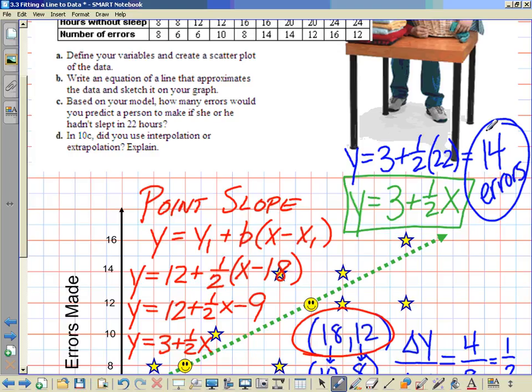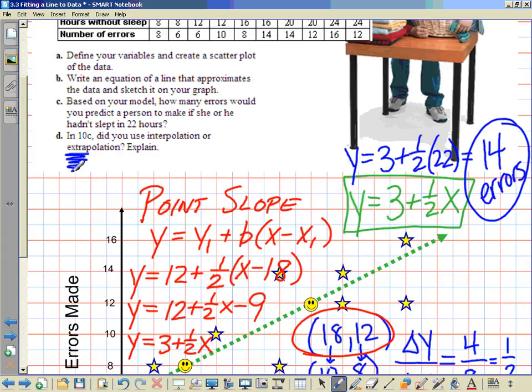In 10C, did we use interpolation or extrapolation? Those are two terms that you can find in your textbook. Interpolation is when you are calculating a value that's in between your data points. Extrapolation is when you go extra, let's use that prefix extra from extrapolation. That would be more like what we did with the wave data when we predicted what would happen with 54 or 50 students in the wave.